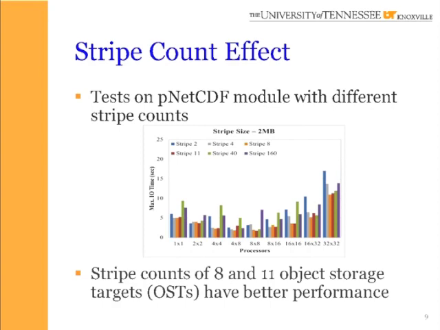Then the stripe count. The stripe count, of course, depends on the size of the simulations. In this particular case, we choose 2 megabytes, and we have stripe counts 2, 4, 8, 11, 40, and 160. On Kraken itself, we know that we have 40 OSTs, so if you go to about 40, you are probably reaching the limits of it.